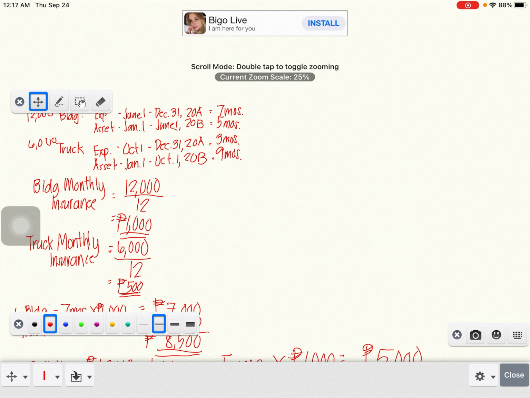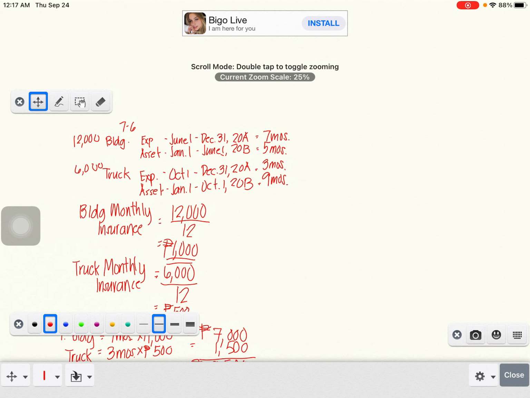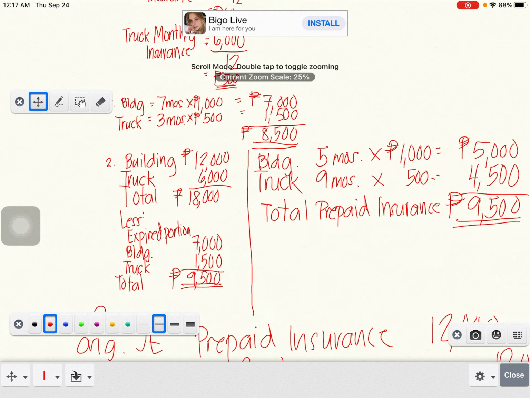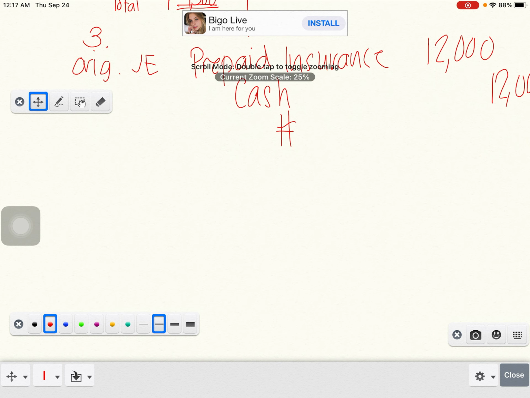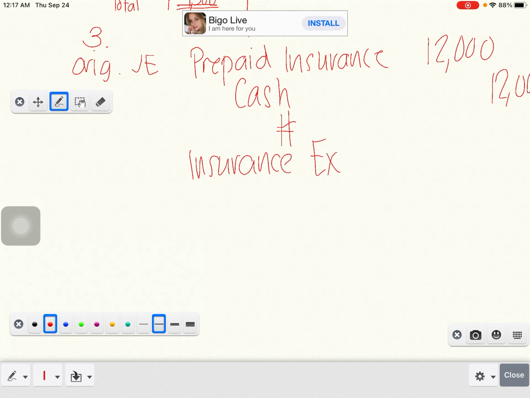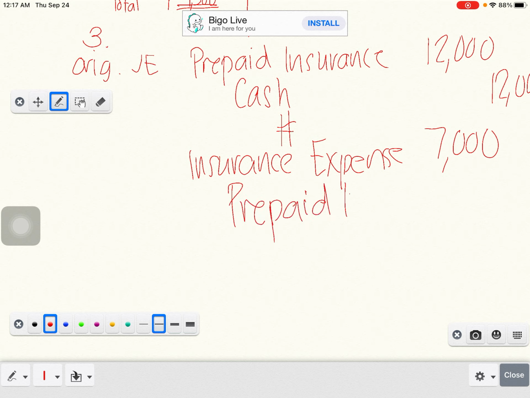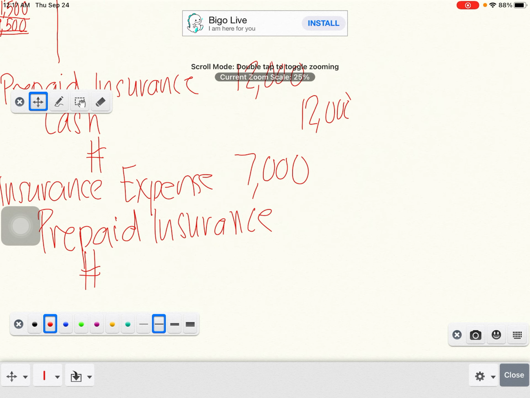So, what we would do is, pila ka months ang building, 7 ang expense. So, 7 times 1,000. So, we need to record the insurance expense. Seven times 1,000 is 7,000. Then, kuhaan nato si prepaid insurance. For how much? 7,000 po.